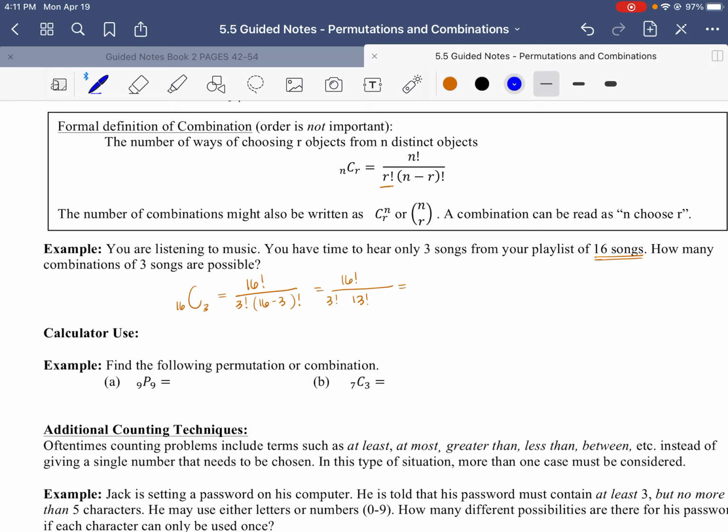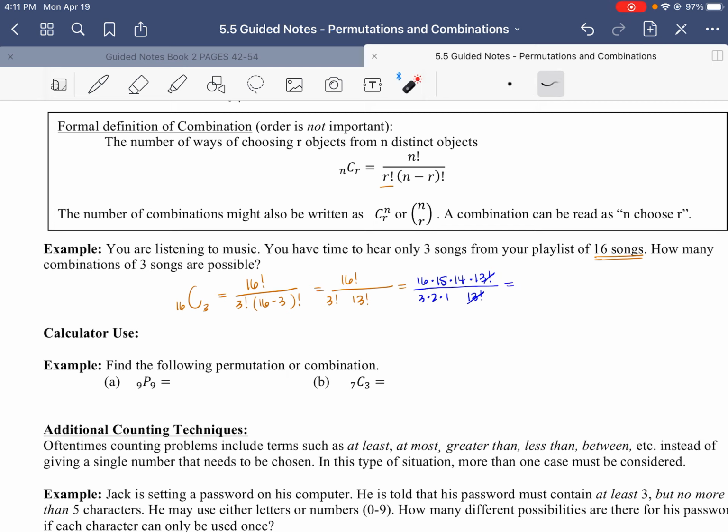If I'm simplifying, I usually look at the 2 biggest, one from the top, one from the bottom. I would start to simplify this down: 16 times 15 times 14 times 13 factorial all over, and we want to leave that 13 factorial there to cancel, and then I'm going to write out the 3 times 2 times 1.